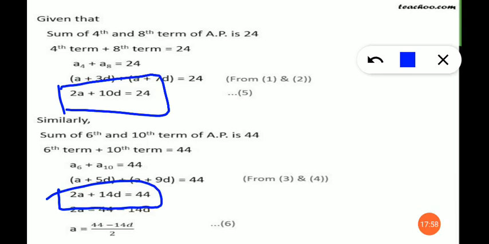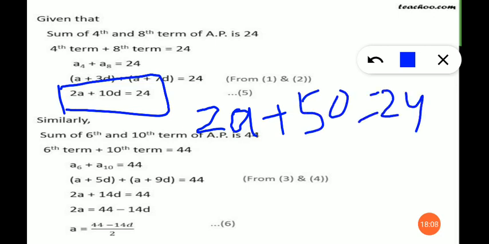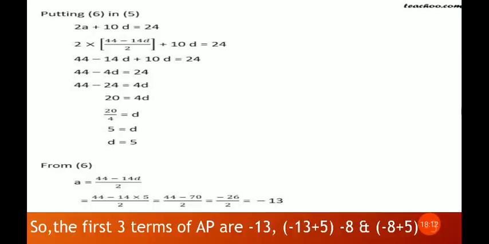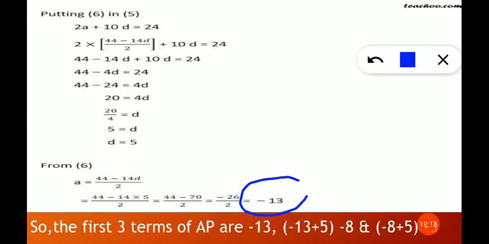So if we substitute in equation 5, we get 2a plus 10 into 5, 50, is equal to 24. And we solve it, and after solving, we'll get the value of a, which is equal to minus 13.